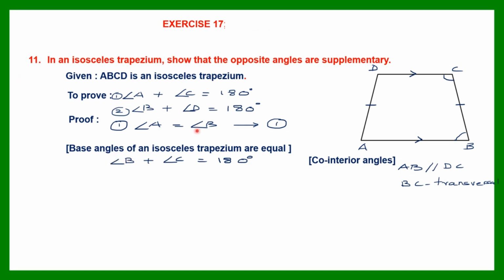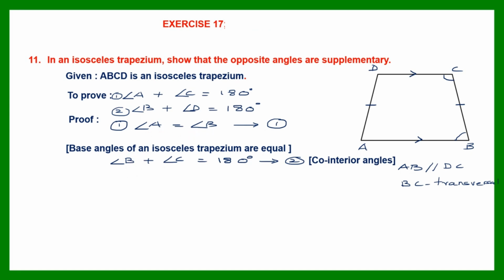Now let's look at equation 1 that we have written here. So this is equation 1. Now this one, angle B plus angle C, we'll write this as equation 2 because we are going to substitute from equation 1 into equation 2. Here we said angle A is equal to angle B, isn't it? So in the place of B, I can write A because they both are equal.